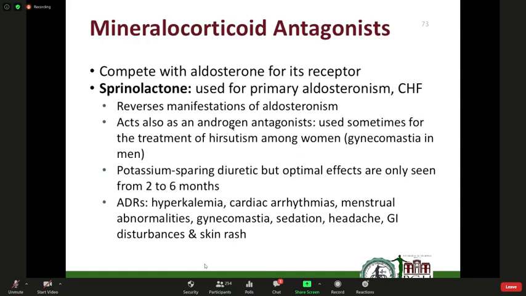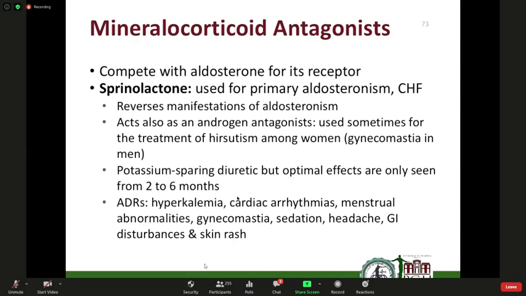That's why it can act as an androgen antagonist, and therefore it can be given for the treatment of hirsutism among women. And that's also the reason why there is an adverse drug reaction of gynecomastia in men who are taking spironolactone, because it sits not only on the aldosterone receptor but also on the androgen receptor.